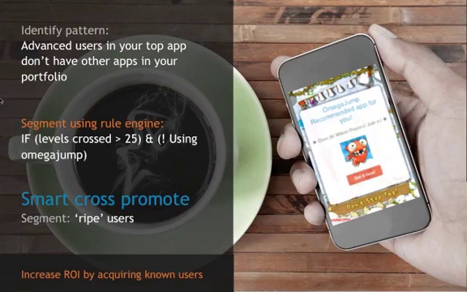We have a new app for you, which we believe you would love. So here's a recommended app for you. On the right hand side, you can see this action. What this action allows you to do is increase your return on investment by acquiring your most valuable users, users that you know are good for you.